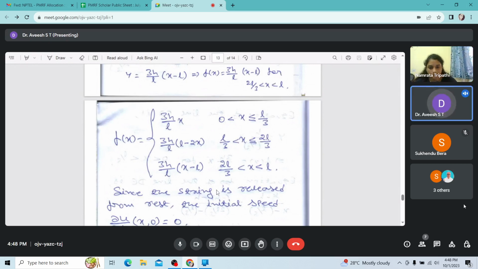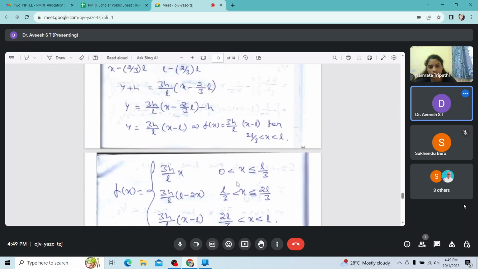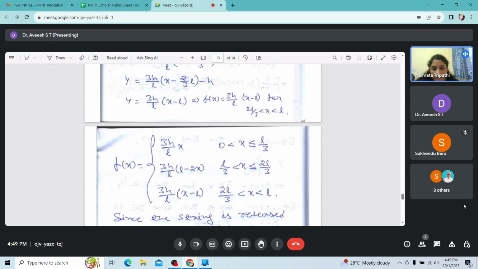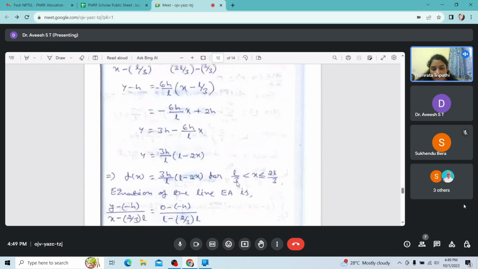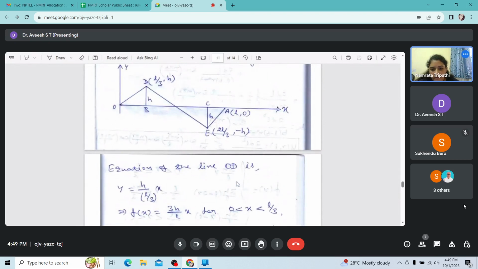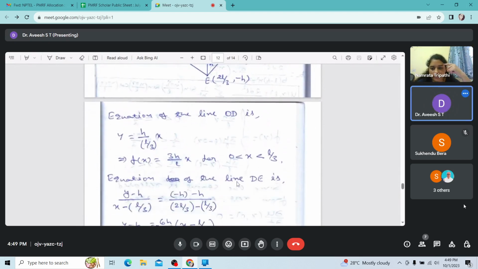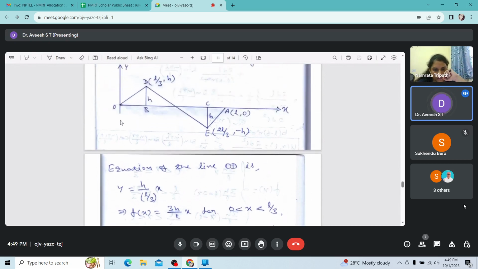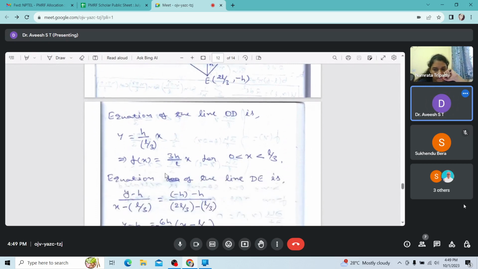First of all, we have to find the equation of the line between the 3 points. For the second part, L by 3 to 2L by 3, we get 3h by L of L minus 2x. For x from 0 to L by 3, we first obtain the expression for the line OD, which is 3h by L of x.